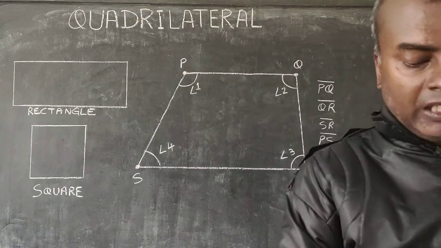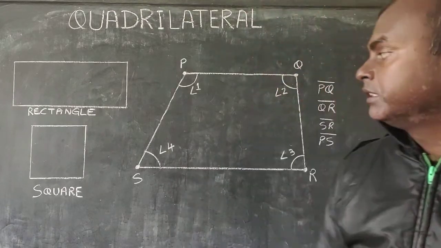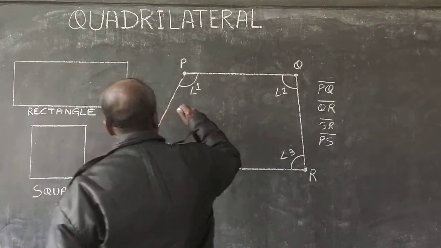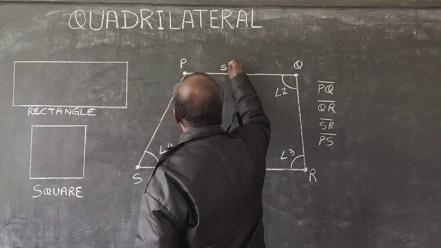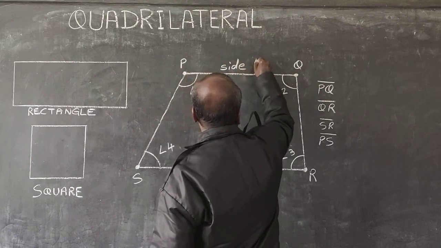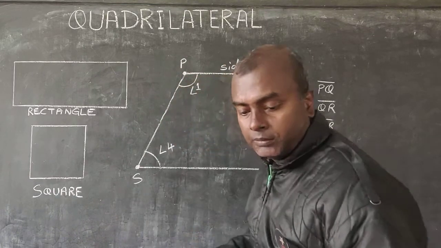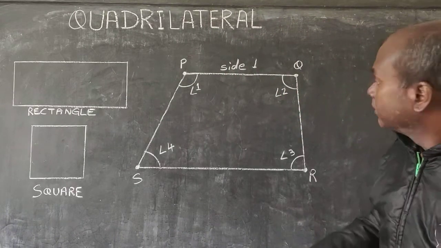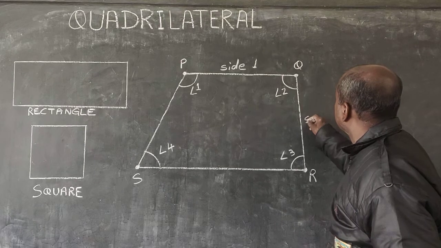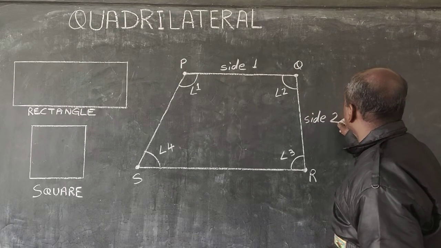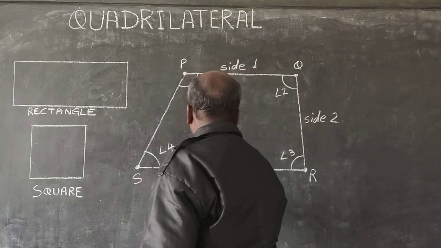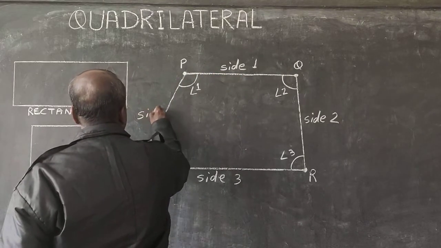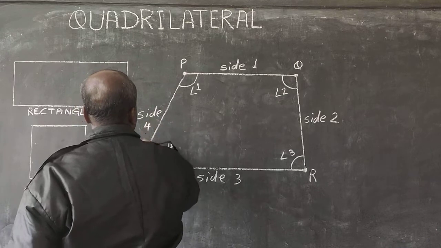Alright. Now in this quadrilateral, there are a few things that we need to know. As we know, these are the sides. Let me give names here. Say this is side 1. Let's erase this for now. This is side 2. This is side 3, and this is side 4.